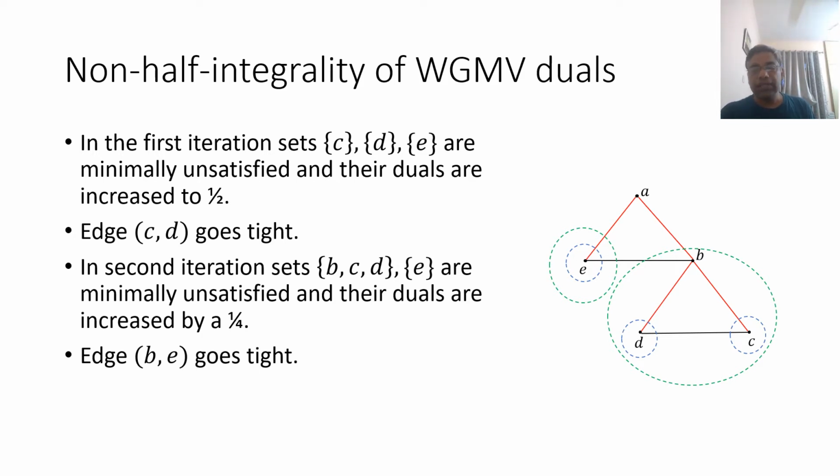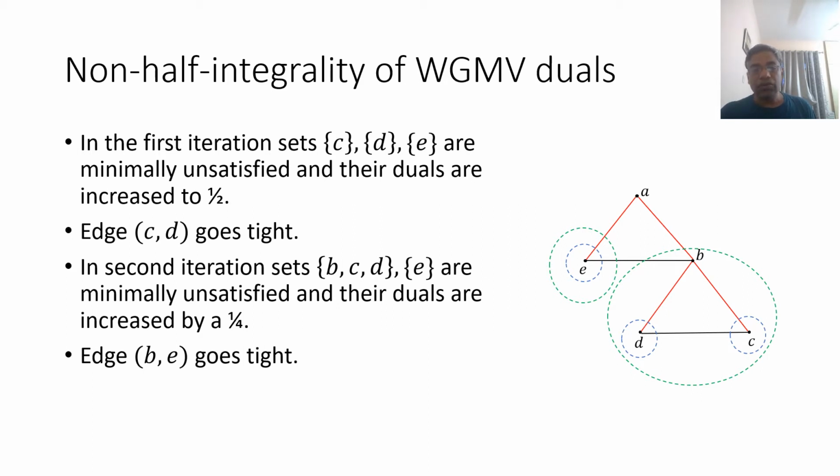So this has a residual length of half, and so these two duals, the dual BCD and the dual E, can increase only to an extent of 1/4 now. And so at time half plus a quarter, which is 3/4, this edge will go tight and the algorithm would stop. So our algorithm would actually pick up both these edges, which is the right thing to do.